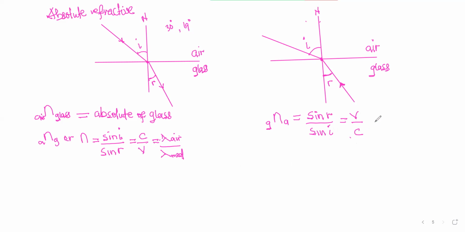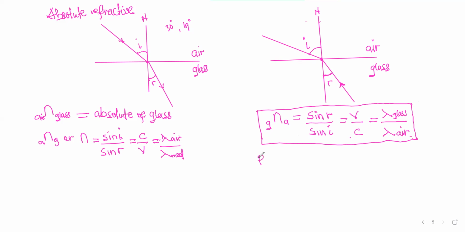We can also express this same thing as lambda in glass, the medium is glass, divided by lambda in air. This is reversed refractive index.